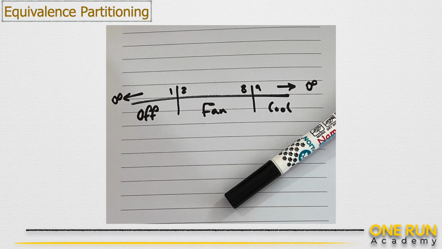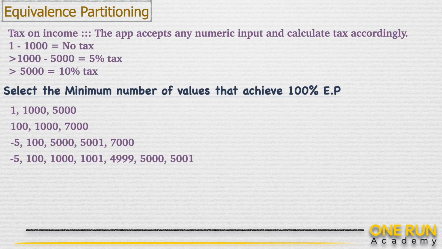Now let's take another equivalence partitioning problem. So we want to verify an app that calculates the tax according to the income. The app can accept any numeric value, and it serves the function of calculating the amount of tax. So a person with an income from 1 to 1000 will not have to pay any taxes.